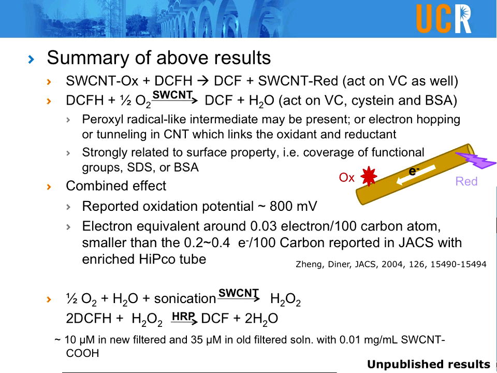That's why we observe the oxidation effect of DCF is lower than if you increase the HRP concentration in the solution. I did not put that data up here, but just explain it verbally. Probably I did it very badly. But my conclusion is that there was a very high concentration of hydrogen peroxide generated in the solution over storage.